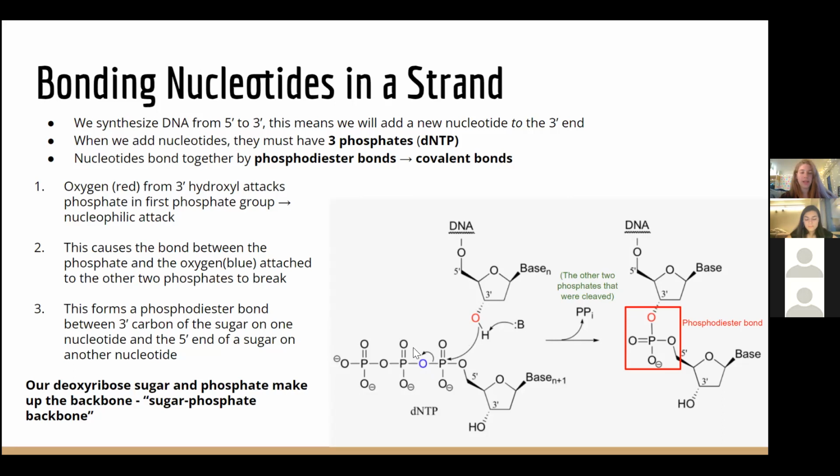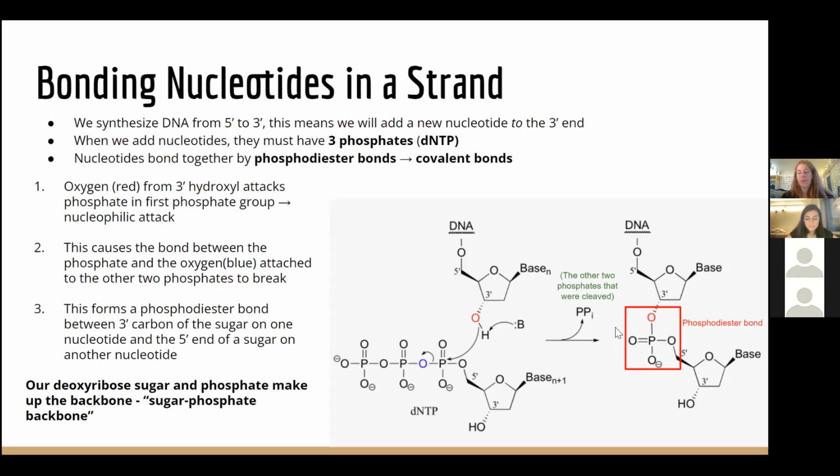So we're breaking a bond between the 2 phosphates here, and they're cleaved and they're sent away. We don't have to worry about what those are doing necessarily, which then makes our phosphodiester bond. So we're making a bond between our base and our phosphate, but we're removing the bond between the 2 phosphates.